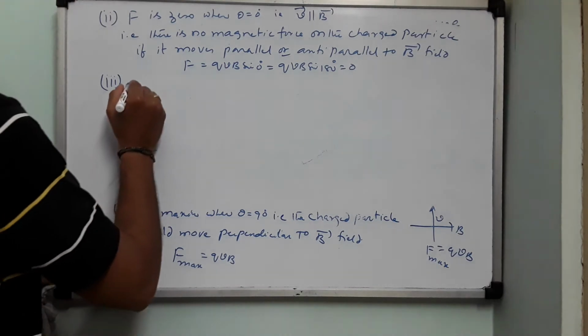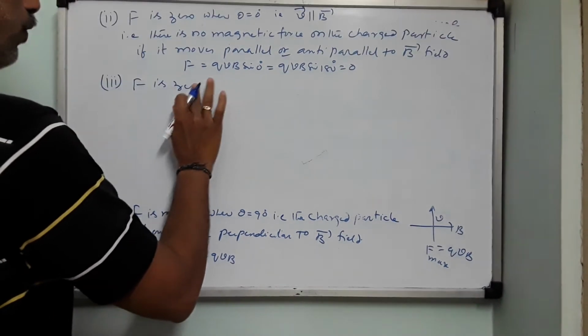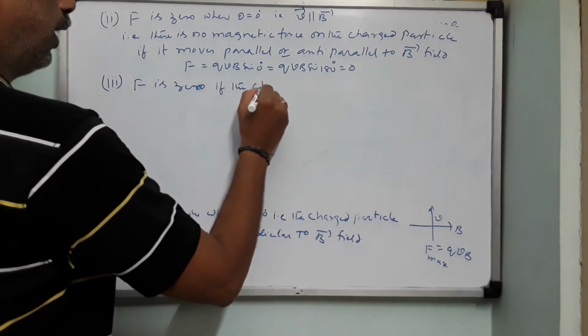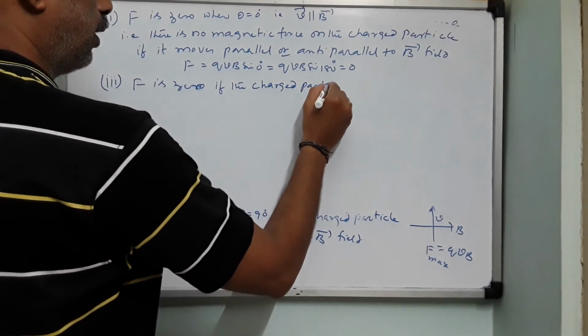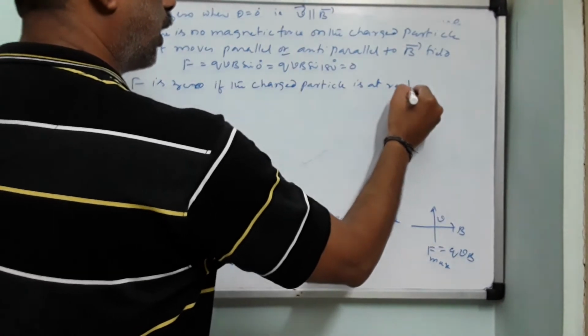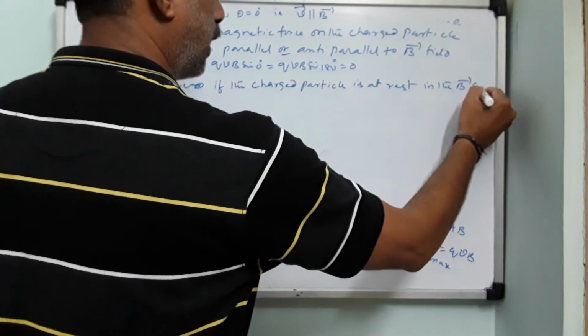So third one, F is minimum or F is 0 if the charged particle is at rest in the field. Which field? Magnetic field, not electric field.